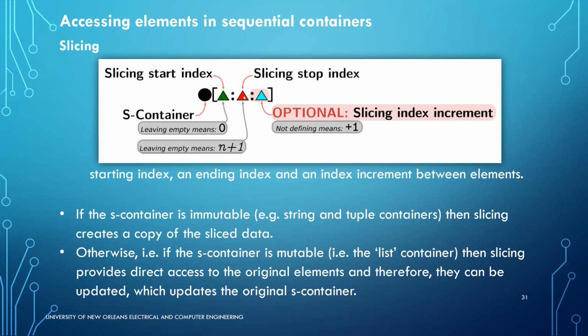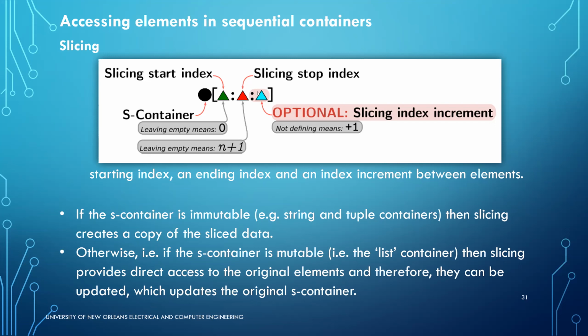So this element, we have to put it in place, but it won't be the one that will be accessed or displayed last. And then the third one is optional, and it's called the index increment. If we leave that blank with no number in it, by default, it's going to just increment by 1 every time. If we leave the first element empty, then it means that we start at 0.